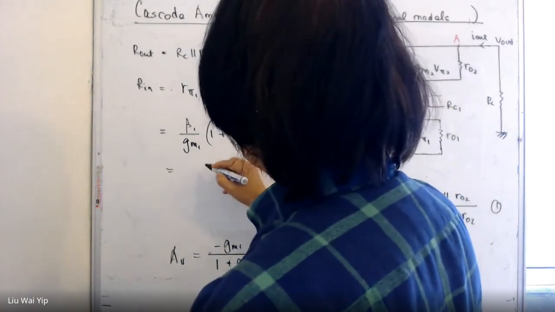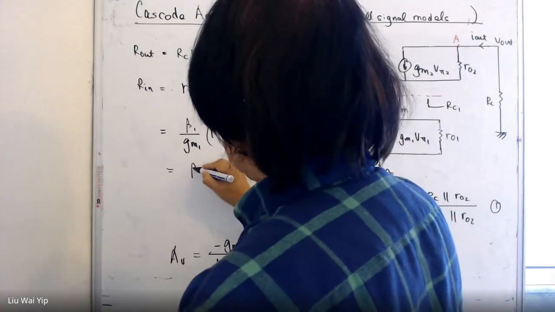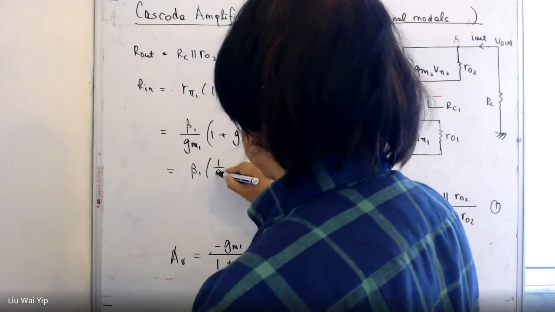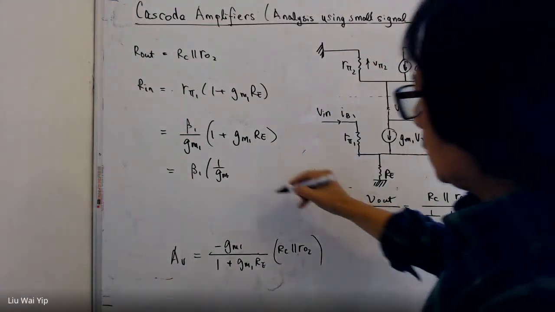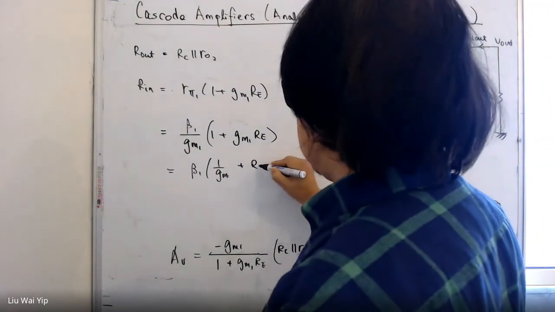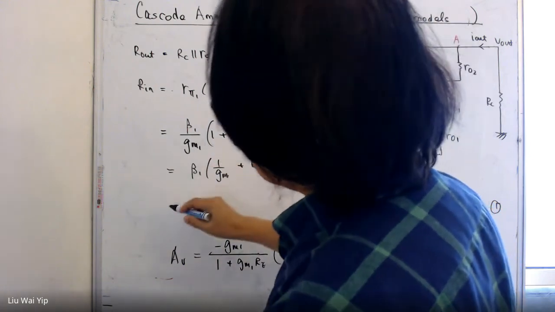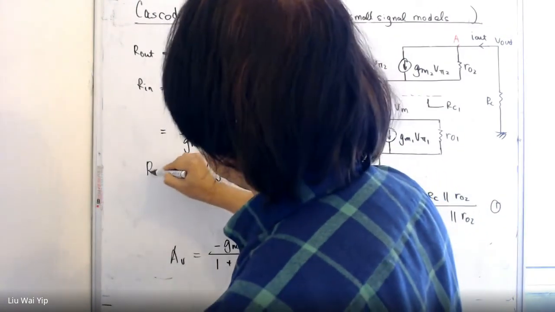So what we are going to get is r pi 1 over gm1, which is the resistance here, and then plus RE. So this is what we can get.